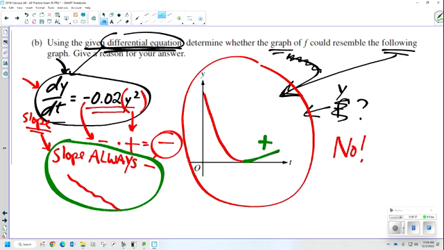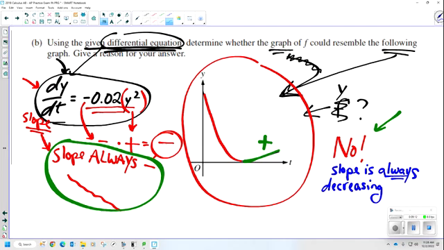Now, this gibberish on the left isn't really necessary. What I'm about to write on the lower right side is what's necessary. Starting here, you need to answer the question, and it's no. How come? Because we want to say something to the effect that the slope is always decreasing.